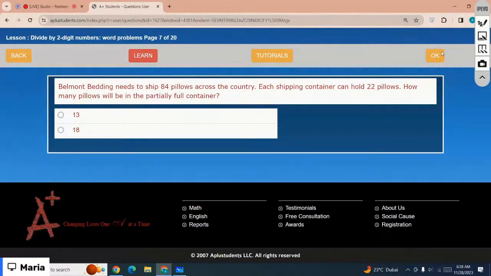Which is the correct option? You have to divide 84 by 22.